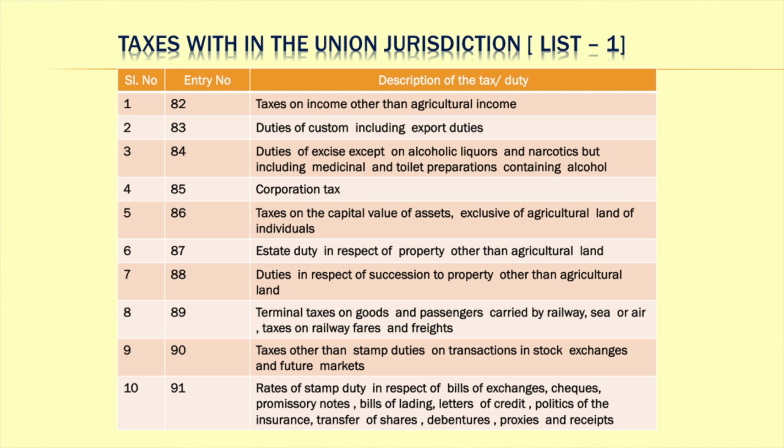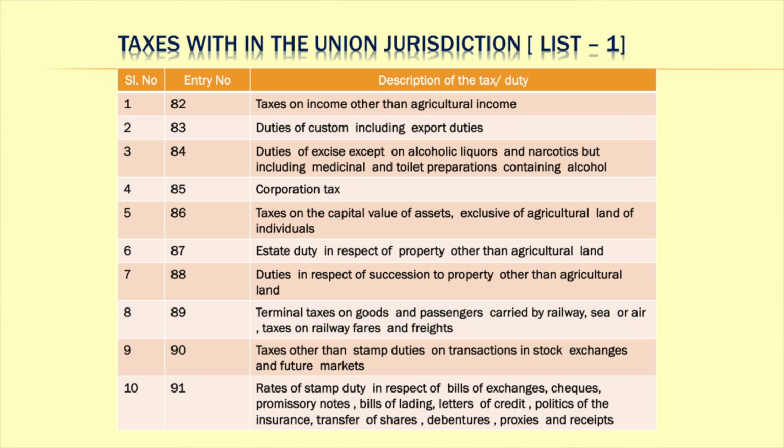Corporation tax is the tax imposed on the capital gains of companies which have been registered under the Companies Act 1956. Then Entry 86: taxes on the capital value of assets, exclusive of agricultural land, of individuals. And 88: duties in respect of succession to property other than agricultural land. Entry 89: terminal taxes on goods and passengers carried by railway, sea and air, taxes on railway fares and freights.